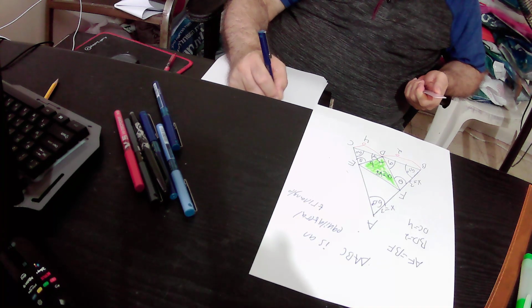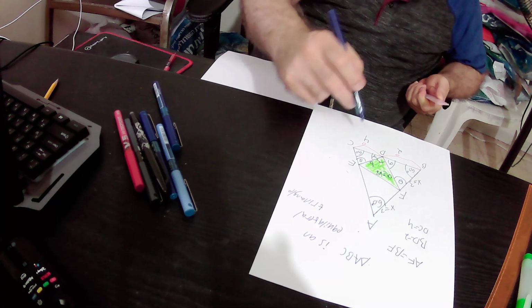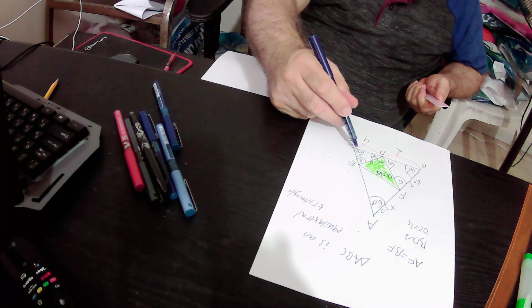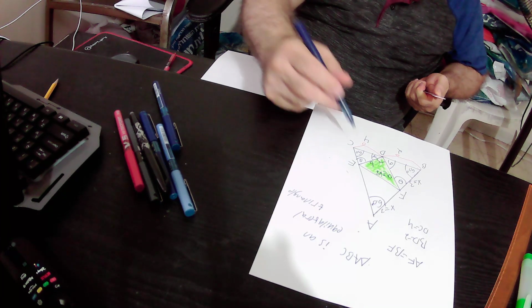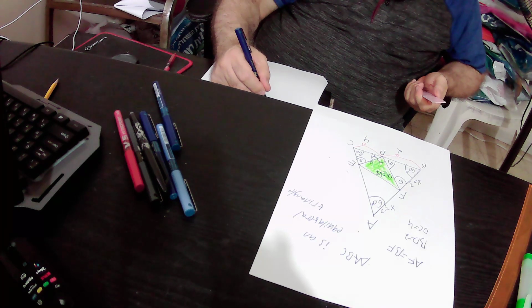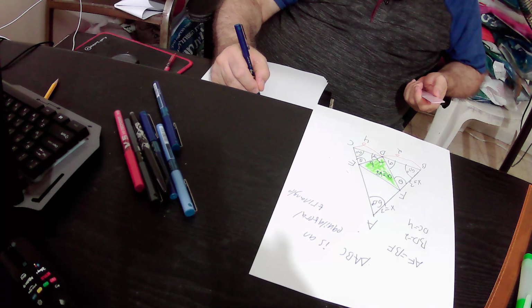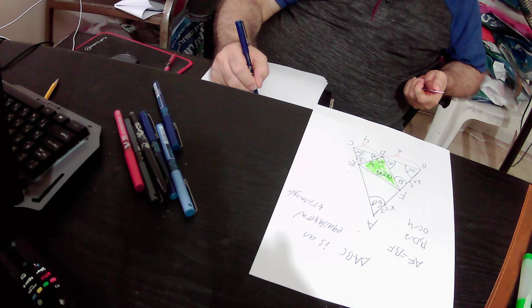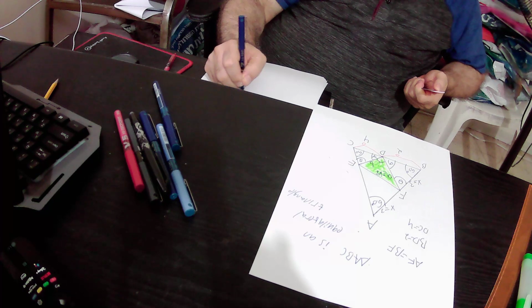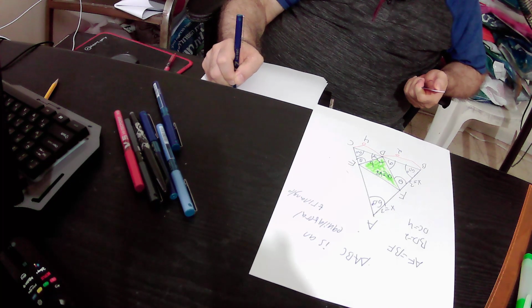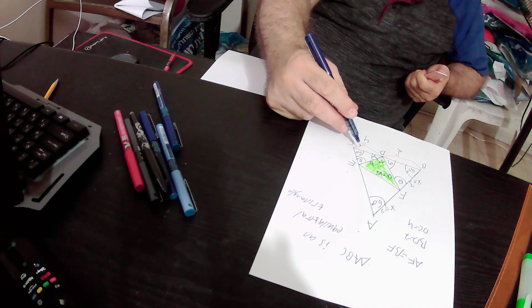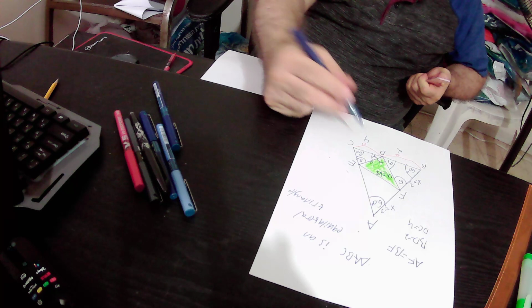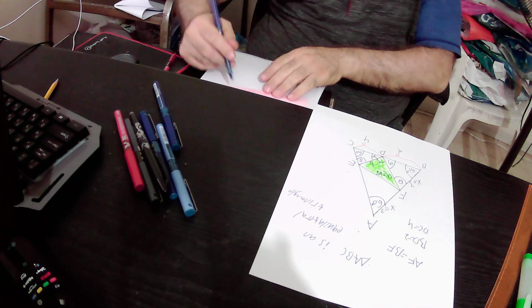So equation number 2 will be that 60 degrees plus gamma plus beta equals 180 degrees, because the sum of the angles in any triangle equals 180 degrees, and especially in triangle DEC, the sum of its angles is 180 degrees.